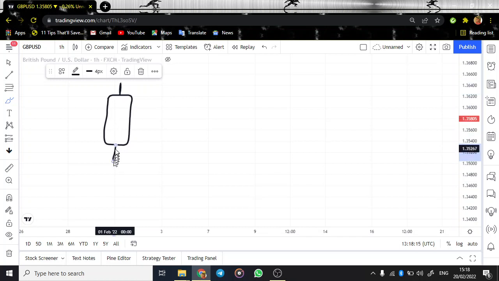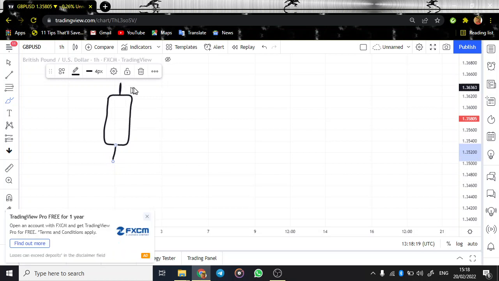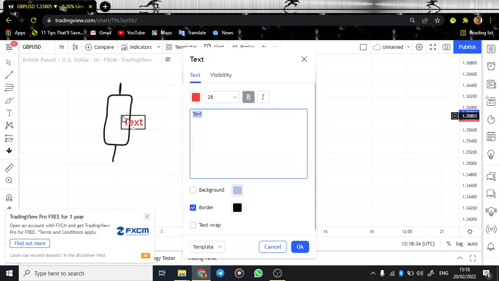These two little black lines here are called wicks. We call them wicks. So this rectangular box here is a candlestick body, so we can just name it the body of a candlestick.